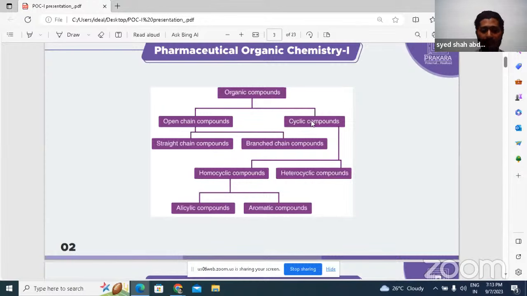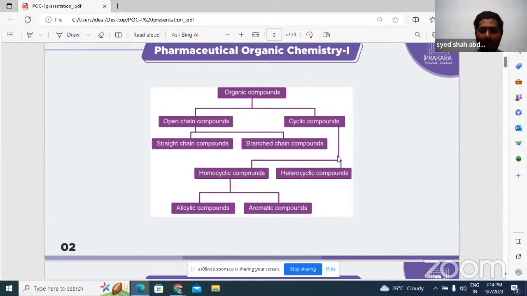Again in open chain, you will get a few compounds which do not have any branch, a simple straight chain, and in branched compounds you will see some branching happening in them.